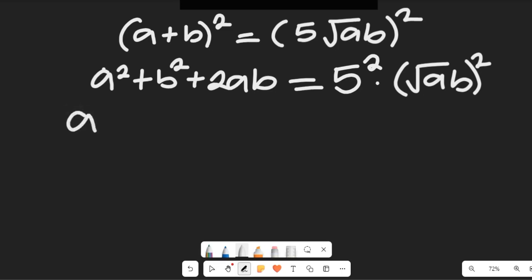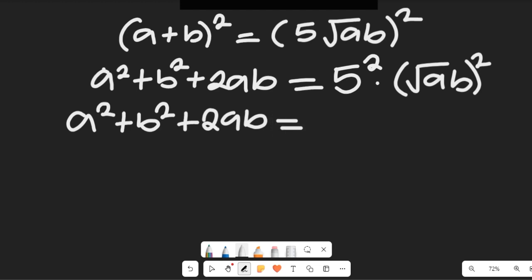We'll have a squared plus b squared plus 2ab, and this will be equal to 5 squared, which is going to give us 25. At this point, you know that the square root and the square will cancel out, and then we'll have ab.